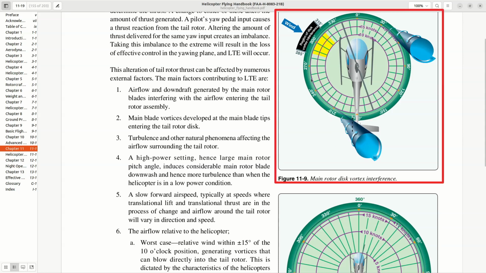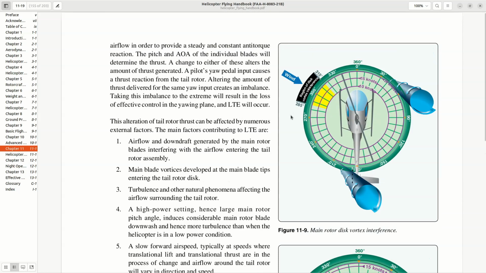So the first one here is main rotor disc interference. I have a wind coming from the left. What happens is that here, kind of toward the tip, my vortices off of the tips are going to get blown right back into my tail rotor. So that's one way I can get LTE.